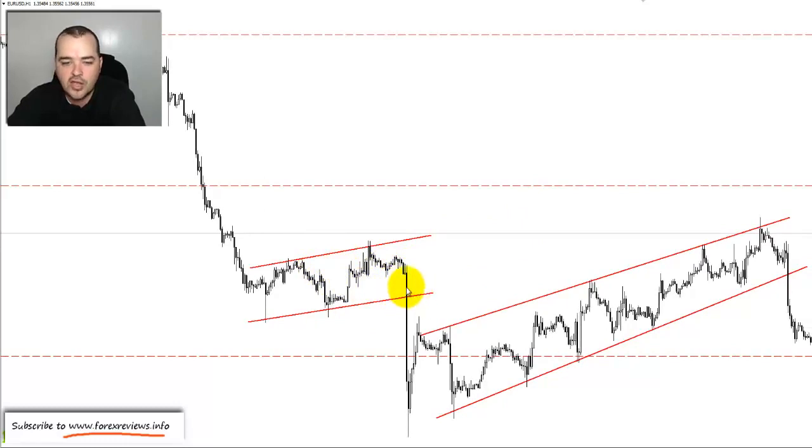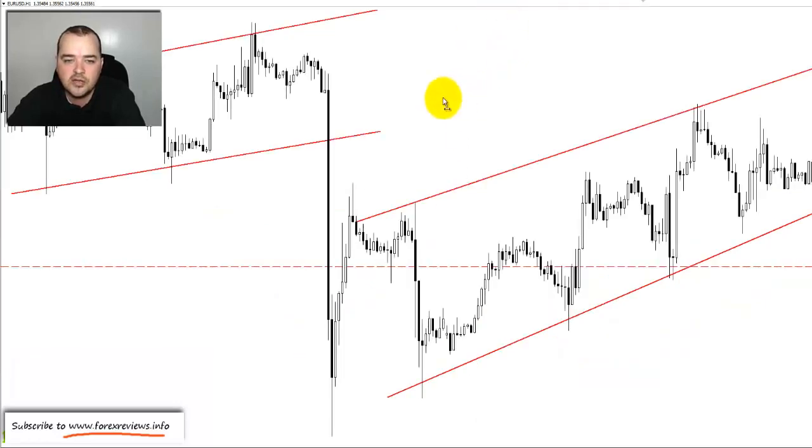It would have given the trader a nice opportunity around here, but then it broke through. I suppose this probably would have been the only opportunity you could have taken on this pair, this channel right here. As you can see, boom, boom, boom, a bit of bearish price action, and price went down.